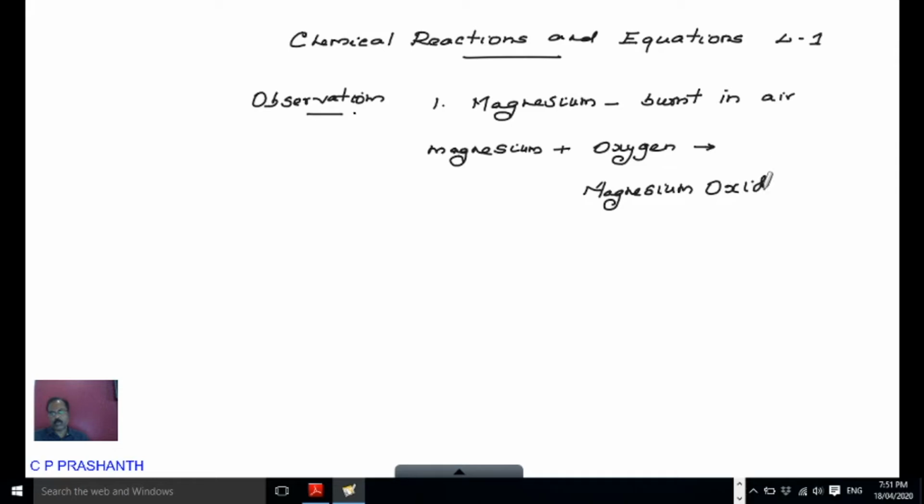Magnesium is in a solid state, oxygen is in gaseous state, and magnesium oxide, as you have seen, is in the solid state. So you think there is a change of state? Obviously yes, oxygen is in the gaseous state and magnesium oxide is in the solid state. So you can see there is a change of state when this reaction took place.